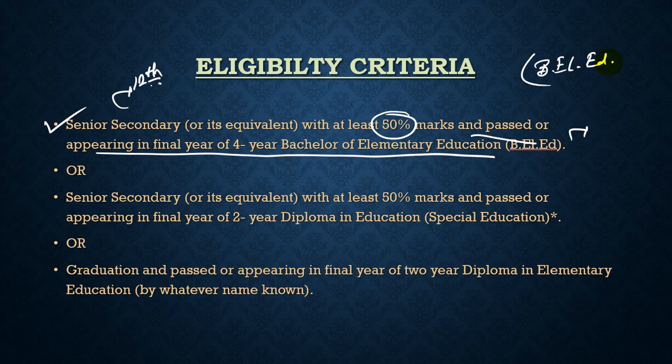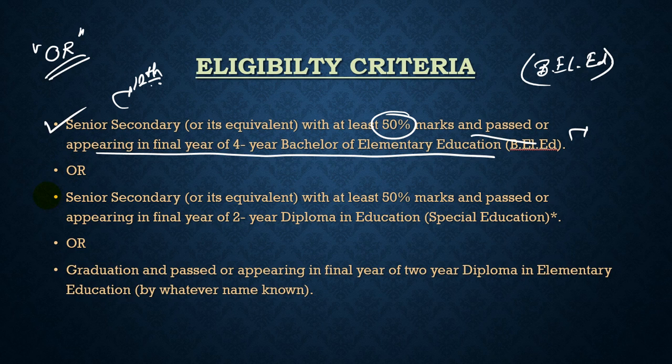This is the degree you must be appearing for or in the final year of. Note that these conditions are all with the prefix 'or', so you must fulfill at least one of the eligibility criteria.